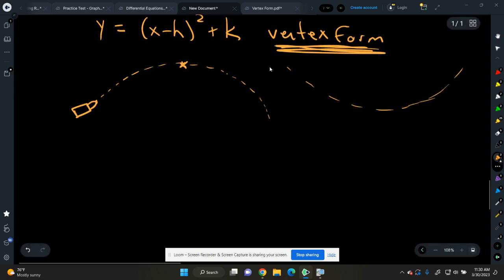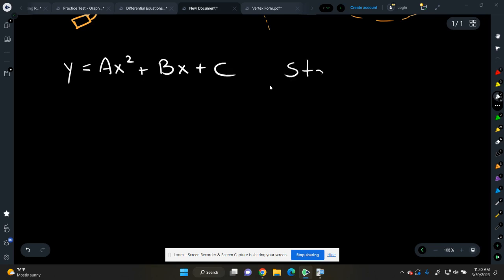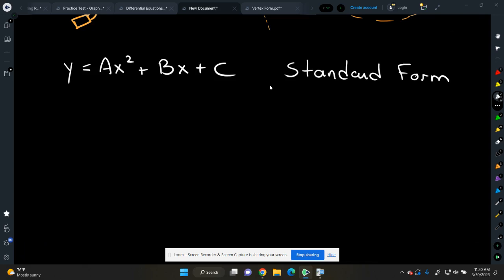Okay, well, the other form that we're going to look at today is what we call the standard form. Everybody needs to write this down and everybody needs to pay attention. Okay, this is what we call the standard form. This form is a little harder to work with, but it gives us a little more information and we can get a better graph.